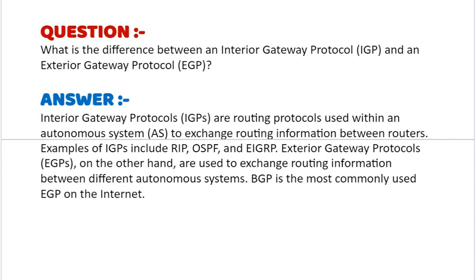Examples of IGPs include RIP, OSPF, and EIGRP. Exterior Gateway Protocols (EGPs), on the other hand, are used to exchange routing information between different autonomous systems. BGP is the most commonly used EGP on the Internet.